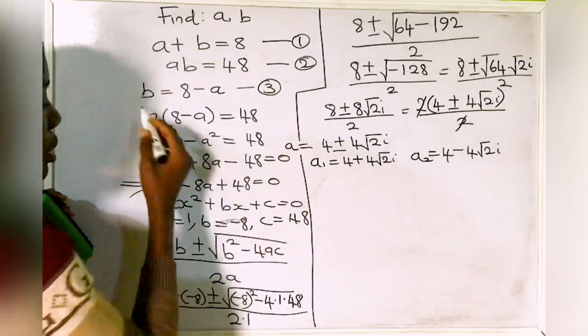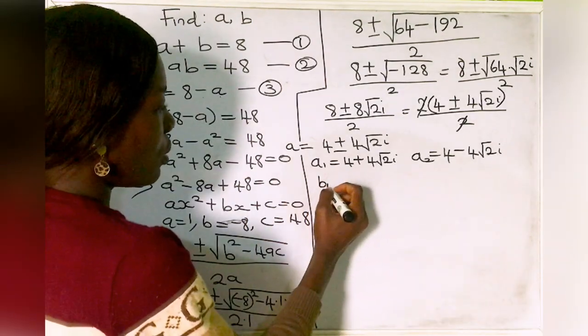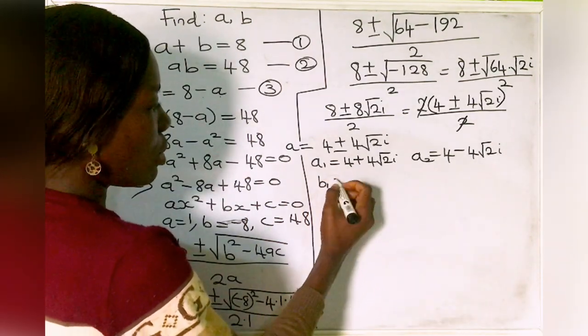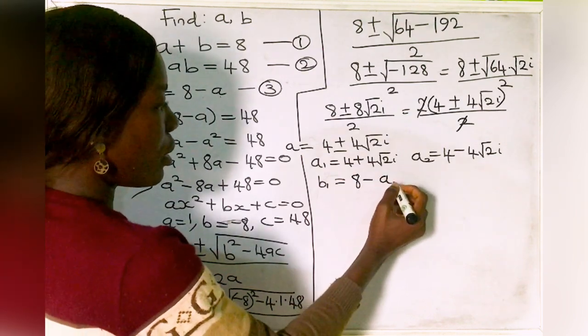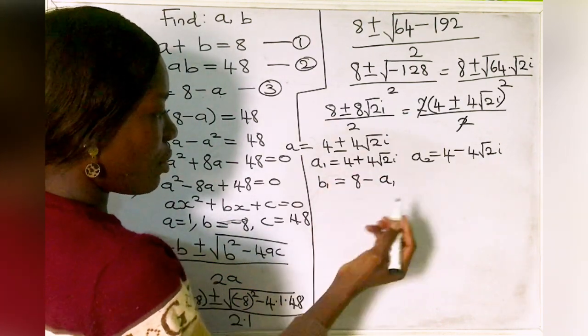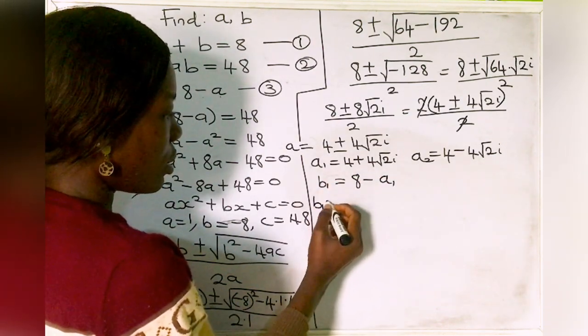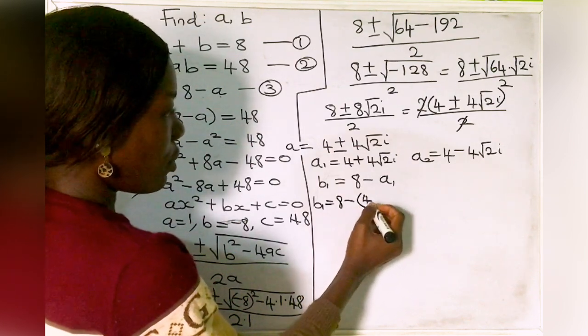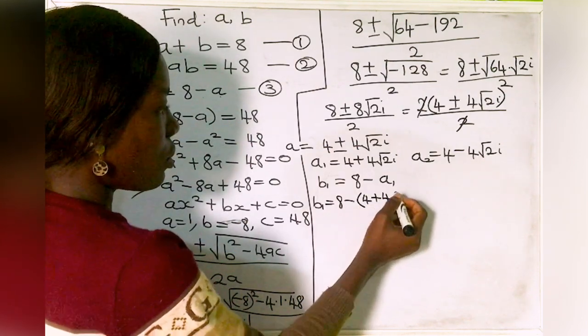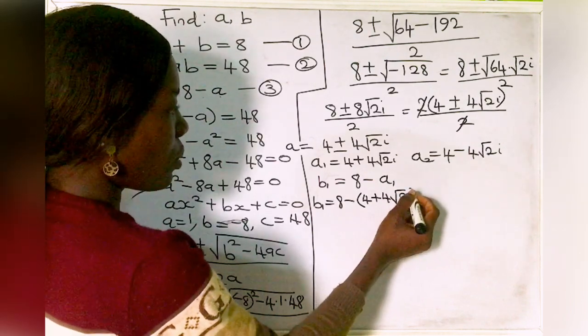Now we say that b is equal to, it becomes b1, it becomes 8 minus a1. Okay, and our a1 is this. So b1 is equal to 8 minus, we have 4 plus 4 root 2i.